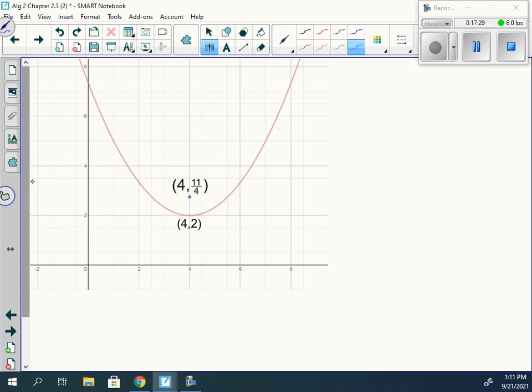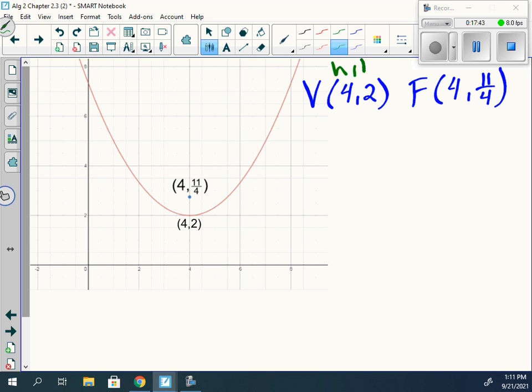Okay. Now they're telling us that the vertex is the point 4, 2, and that the focus is the point 4, comma 11 fourths. So we know that the vertex is h, comma k. Now the focus, well, the x value stayed the same.